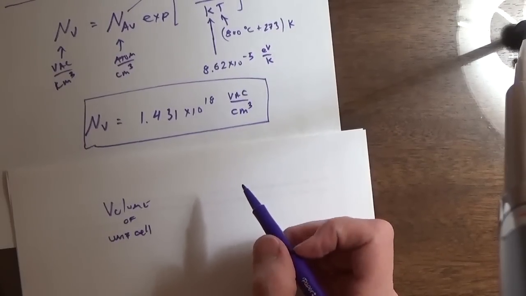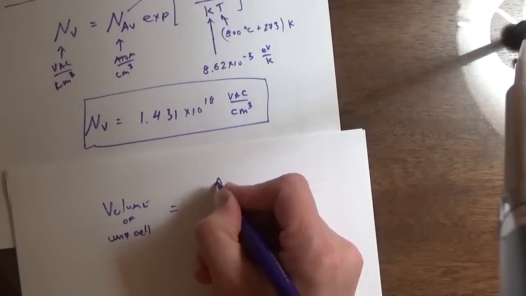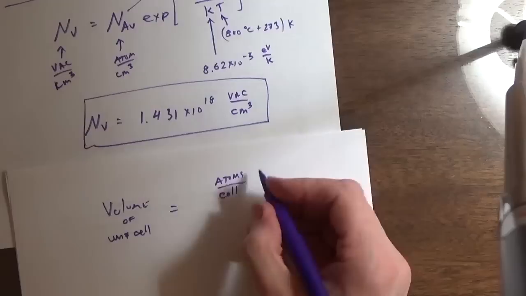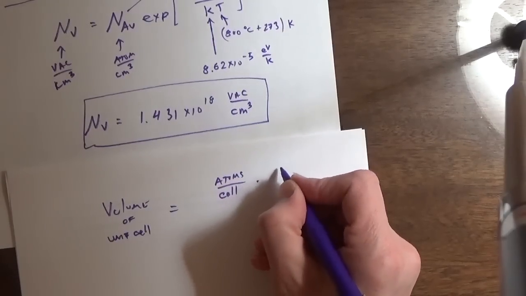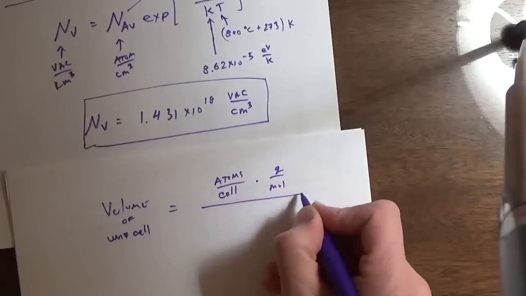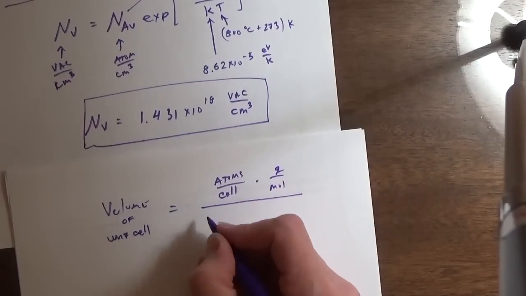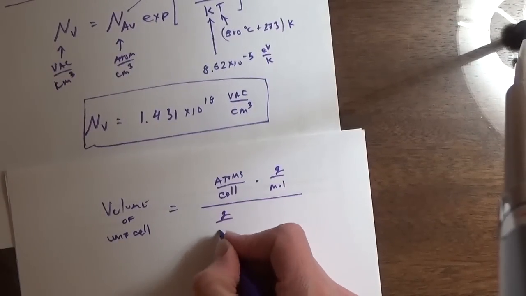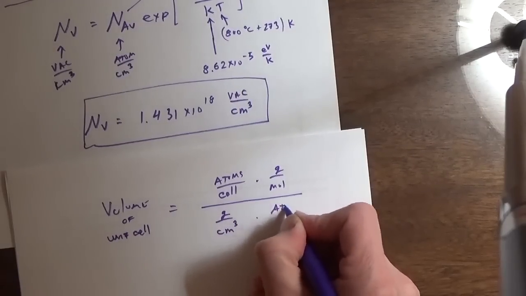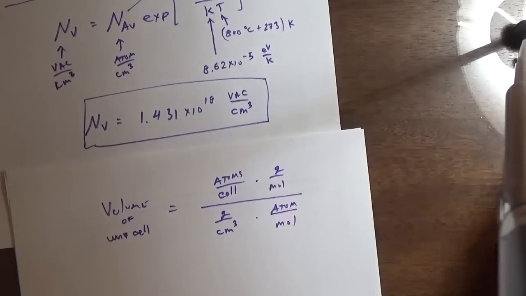This is going to be number of atoms per cell times the gram per mole, the atomic mass, divided by gram per cubic centimeter, the density, times atom per mole.